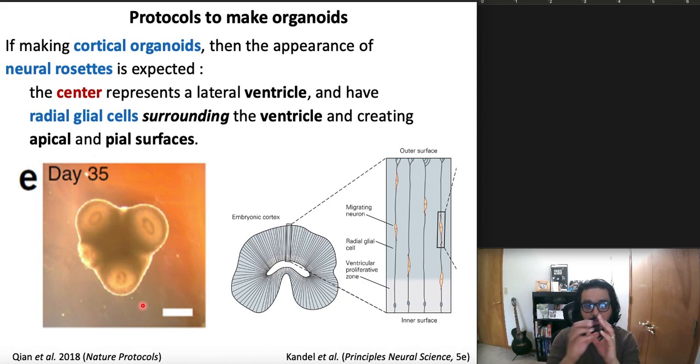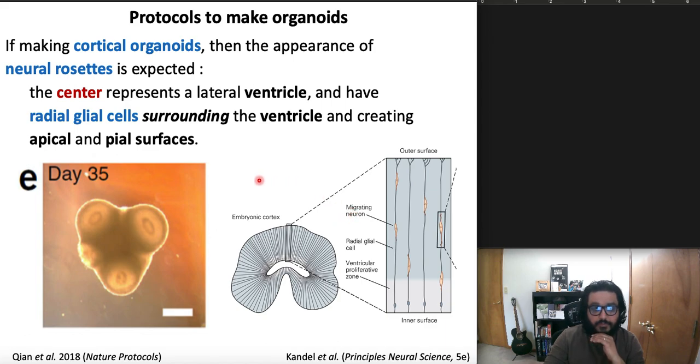So these rosettes just mean a nice circular structure that has a couple of circular layers around it. Okay, and what's interesting is that the center of each rosette essentially represents a lateral ventricle. So the center would be just a ventricle. And you can see around each one is a layer of cells that are typically radial glial cells.